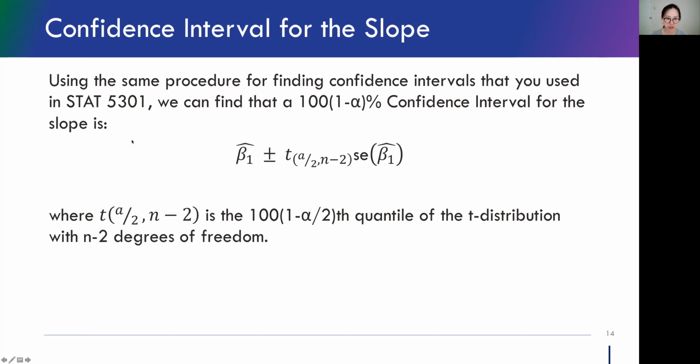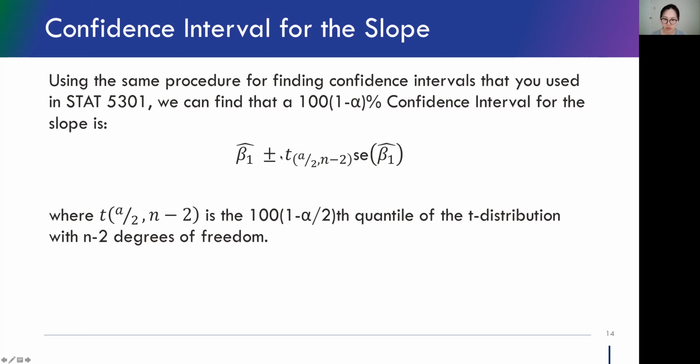The interval for the slope would be something like this: the estimate of the slope plus or minus a t statistic that you will calculate. Normally you would have to look up the table to find this value by specifying its degrees of freedom and the significance level or confidence level you want.